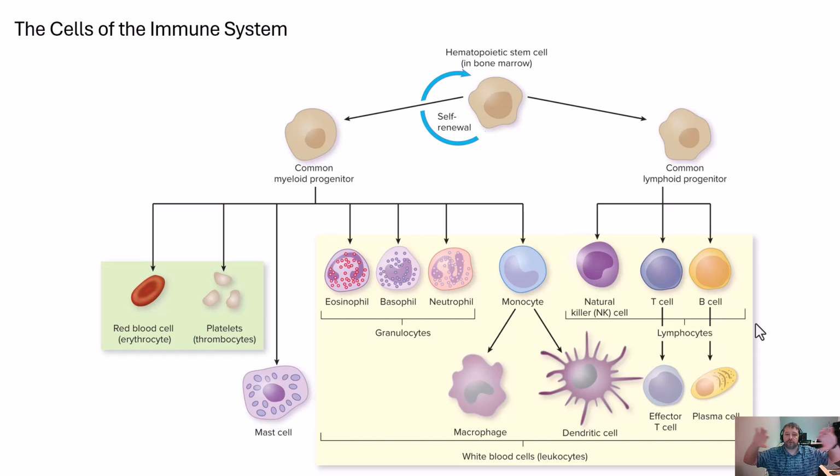So the two processes: a myeloid progenitor, innate immune response; the lymphoid progenitor, adaptive immune response. We'll cover these in a little more detail.